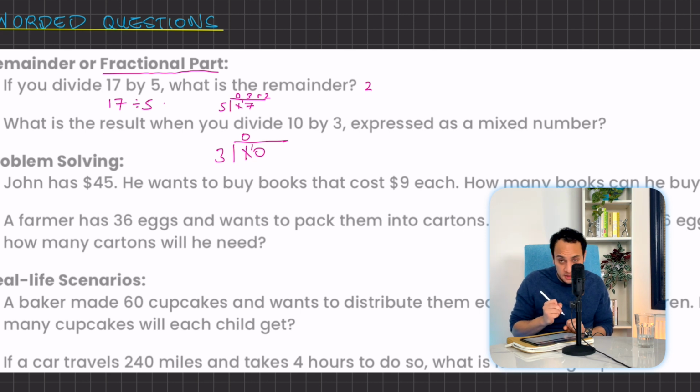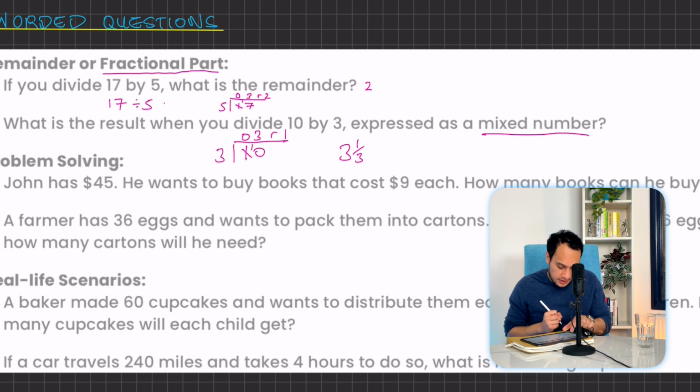We're going to put 1 on the 0, so we're going to have 3 into 10 again. For some of these smaller problems, it's quite straightforward. So 3 into 10 will go 3 times, and there'll be a remainder of 1. There'll be 1 left over because 3 times 3 is 9. Because I want to express it as a mixed number, my answer will be 3 and 1/3.